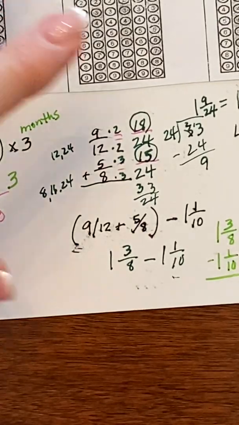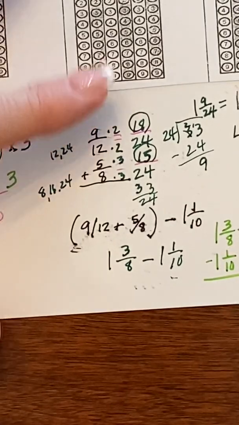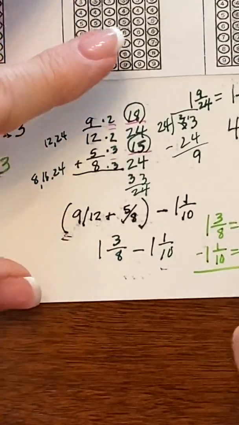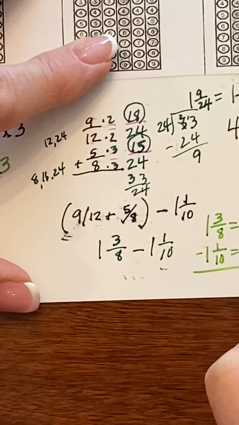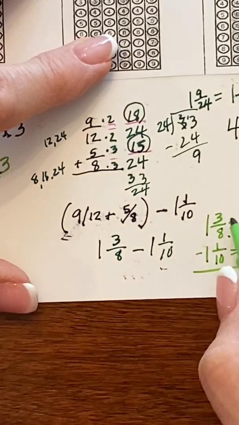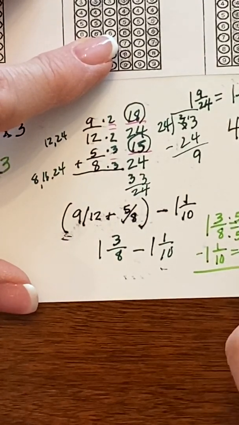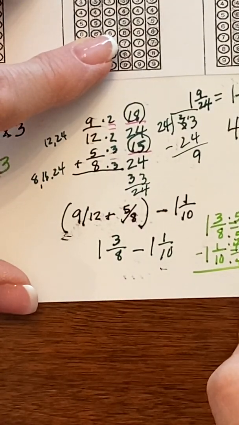Think of your multiples of 10 and your multiples of 8. What about 40? 8, 16, 24, 32, 40. Let's use the least common one. That's what becomes the least common denominator. So times 5 equals 15. Times 4 equals 4.